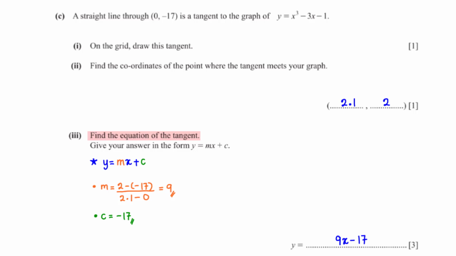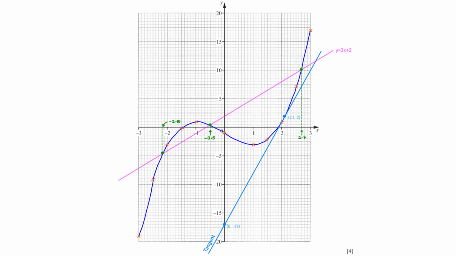Find the equation of the tangent. Give your answer in the form y equals mx plus c. All we need to do is find the values of m and c and plug in these values into y equals mx plus c. To get the gradient m of the tangent, we need to pick 2 points on the tangent.